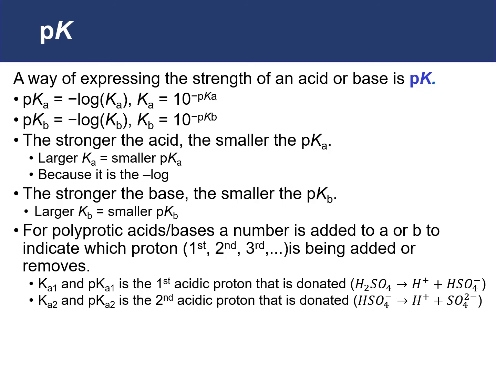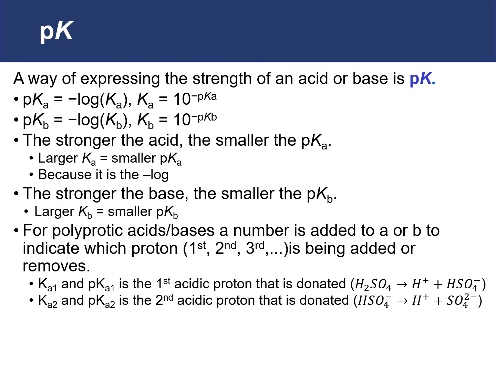Now, this concept of p is not just limited to pH, pOH, and pKw. We can also apply it to the acid dissociation and the base dissociation constants. So pKa and pKb are the negative log of the Ka value and the negative log of the Kb value, respectively.